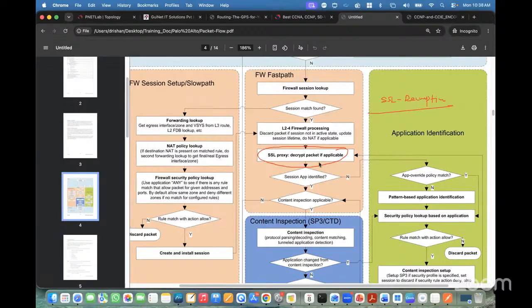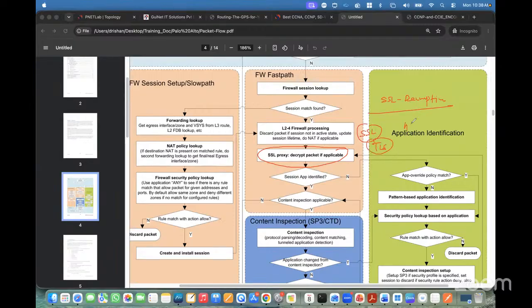So if the packet is there, it is going to check, do we require the SSL decryption? So what is the SSL decryption? One is the IPsec encryption and decryption, and one is the SSL. IPsec is a different technology, SSL is a different technology. SSL is Secure Socket Layer, also known as TLS, Transport Layer Security.